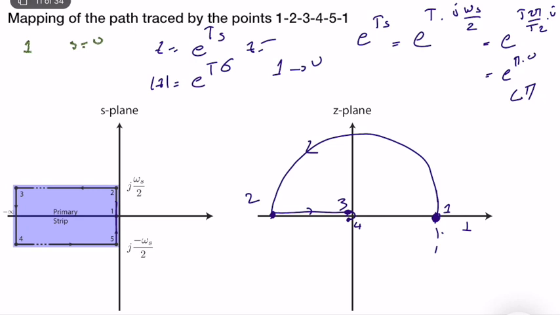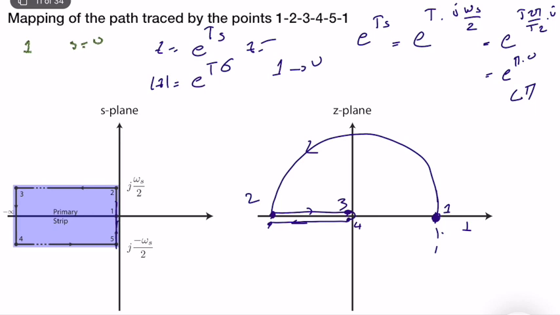From 4 to 5, we will go from negative infinity to 0 in sigma. So e to the power T sigma is now going from 0 to 1. Very good, so it is going in this direction. We are here. Now, finally, we need to finish this path, which is similar to this.